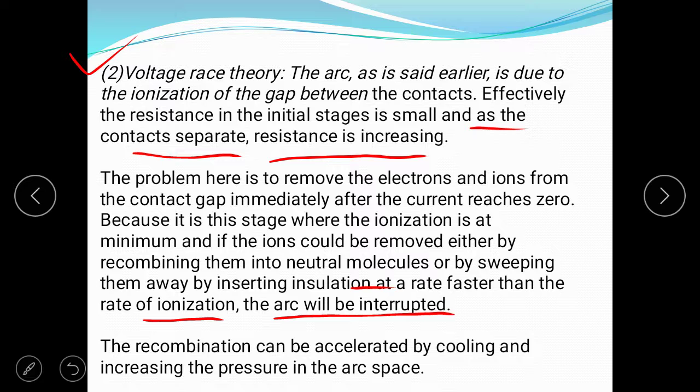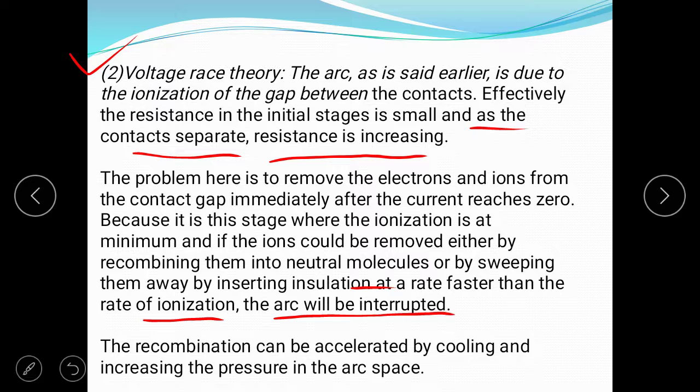So this theory states that if the ionized particles of air between the contact gap are either swept away or deionized by any method, then there will be no arc between the contacts of the circuit breaker. It means if there are no ionizing particles between the air gap, there will be no arc between the contacts.